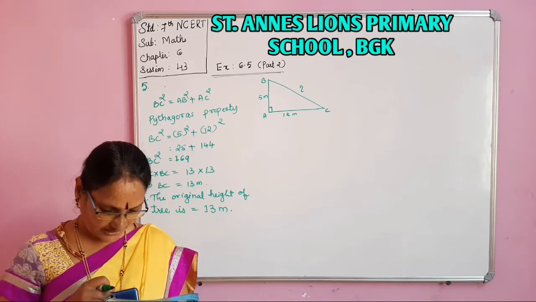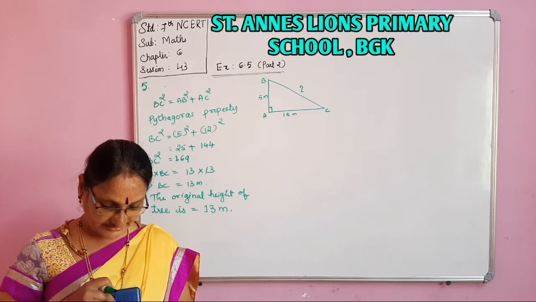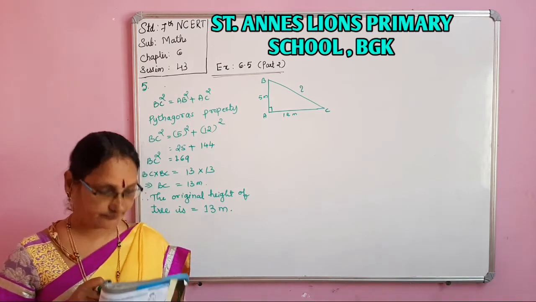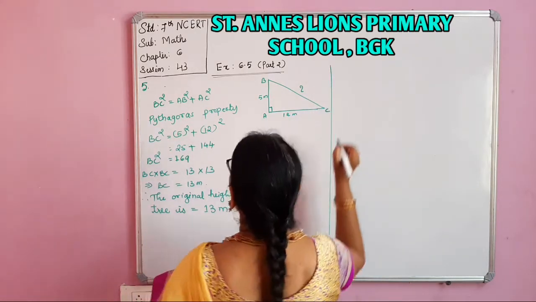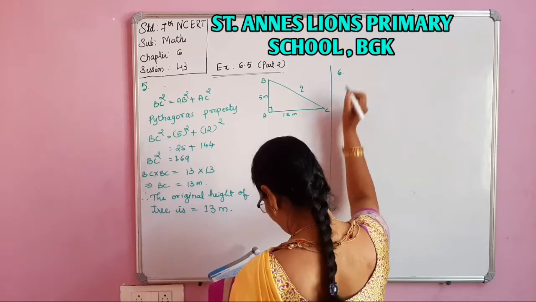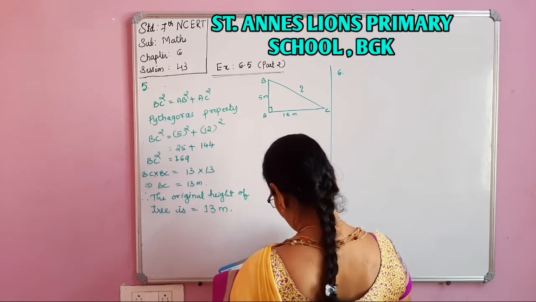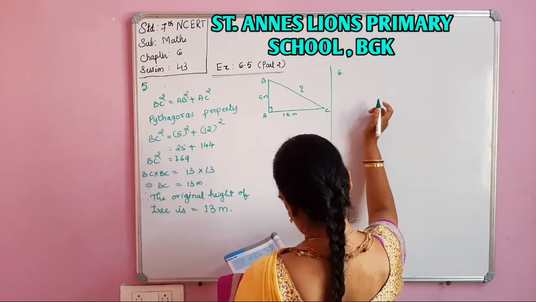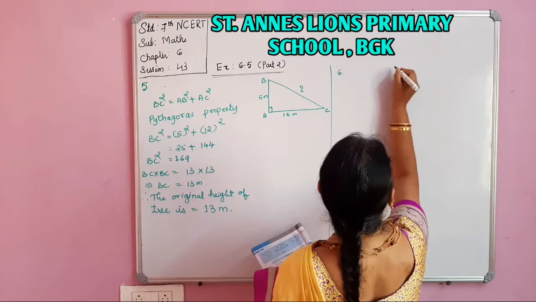Angles Q and R of triangle PQR are 25 degree and 65 degree. Write which of the following is true. Okay, so the sixth one. For that also we have to draw one figure.